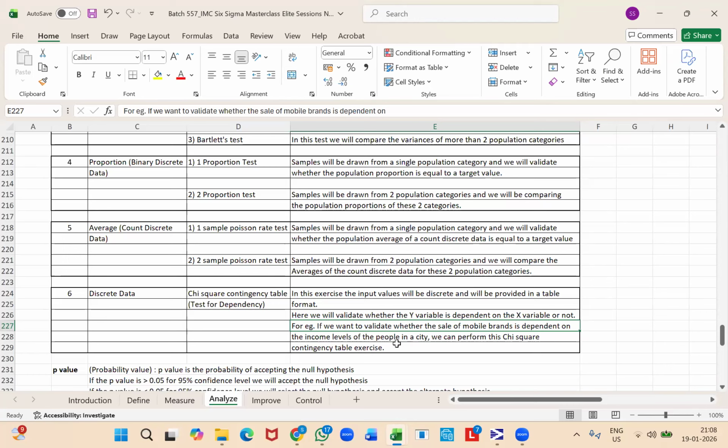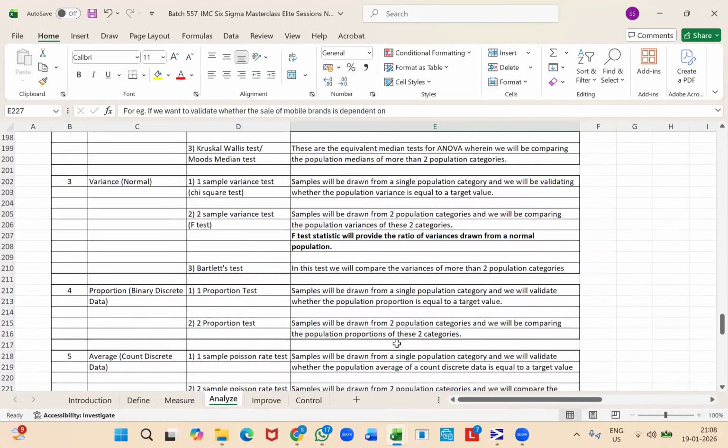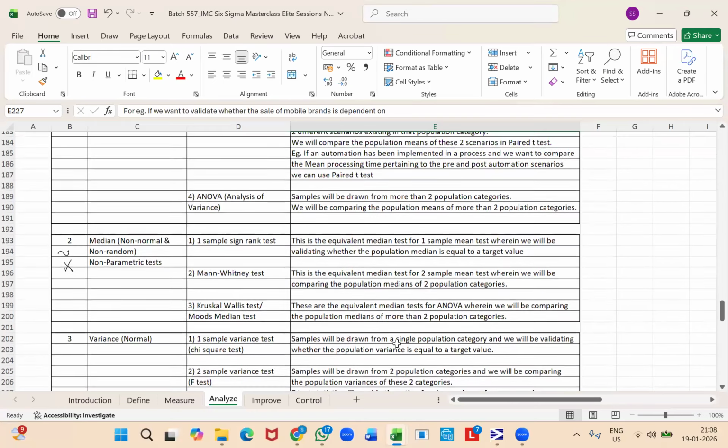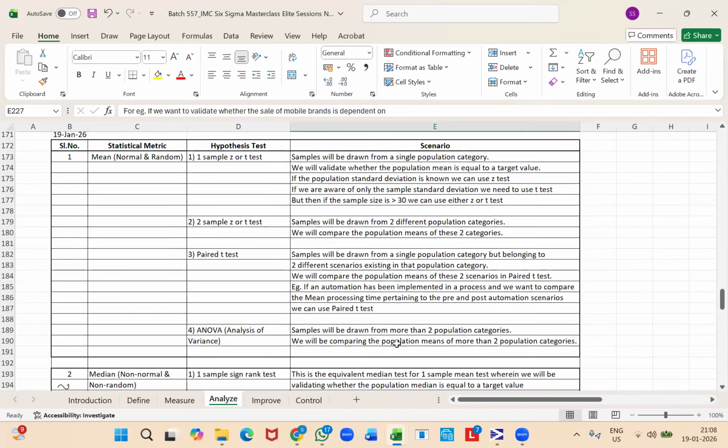This is the kind of business decision that one can take by performing this chi-square contingency table exercise, which is also called the test for dependency. For all the other hypothesis tests, if you see, we will have the population notation incorporated in the hypothesis statement.